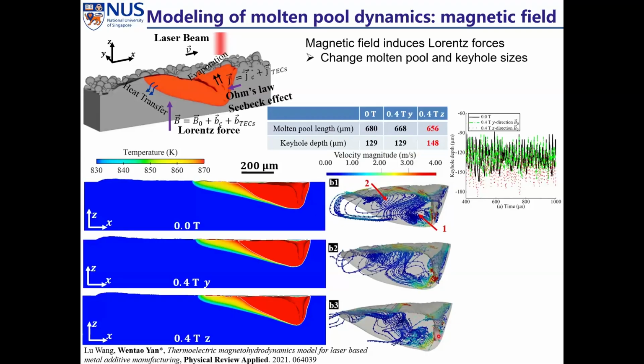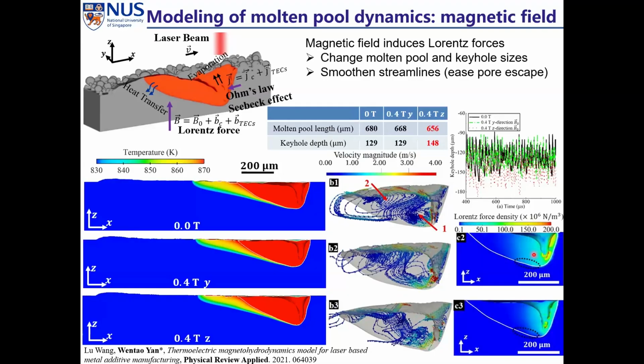So when there's a bubble formed here, the bubble will flow out and escape along this streamline. So it can reduce the porosity, which explains the long-standing experimental results. And also, the Lorentz force can be strong enough to change the grain structure. But I will not go into details here.